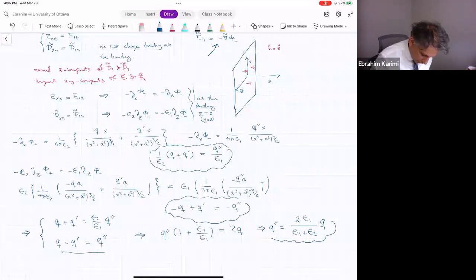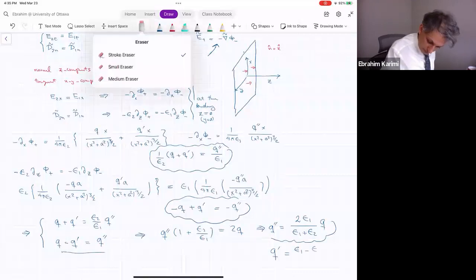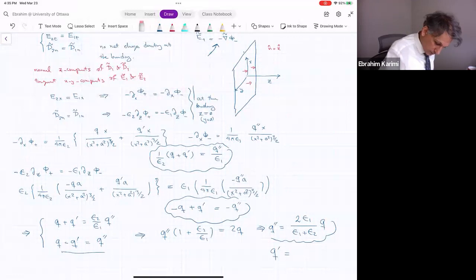Let me just check for the sign, if I'm not mistaken, q prime will be, okay, that will be epsilon 2 minus epsilon 1 divided by epsilon 2 plus epsilon 1 of q.